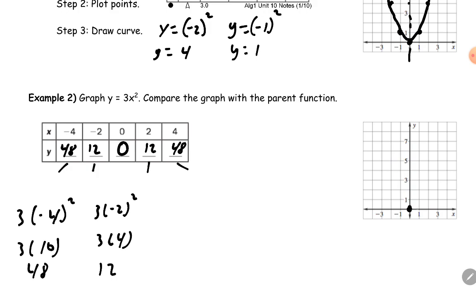So I start at (0, 0), and I'm going to change these a little bit. Let's make this 3, this 9, 15, 21.